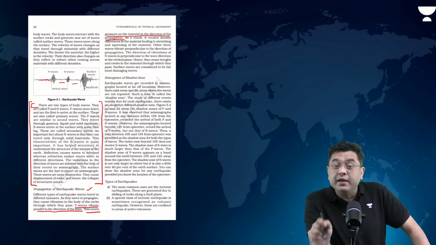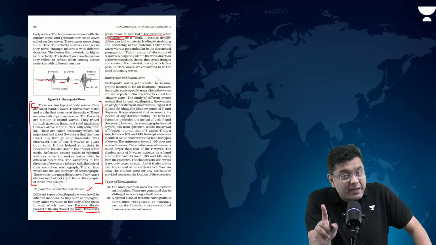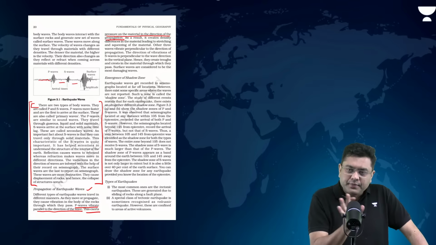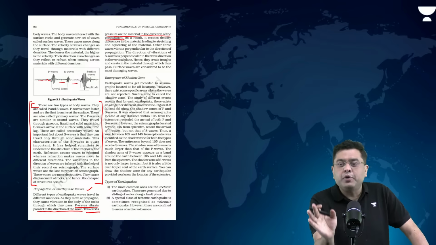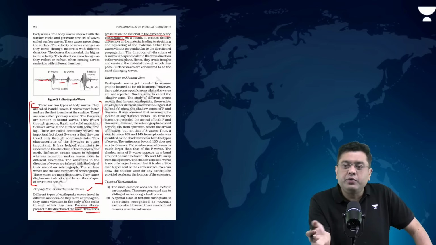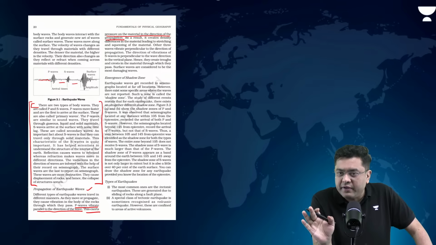That is why careful reading of NCERT is a must. Anybody who teaches you NCERT and simply browses through it, try to get into the depth of it. Each sentence in the NCERT is worth an hour of discussion in itself.